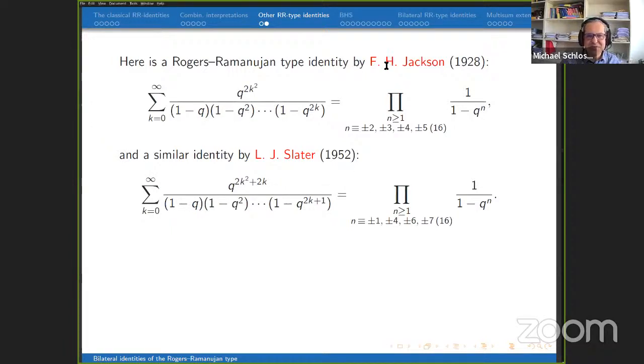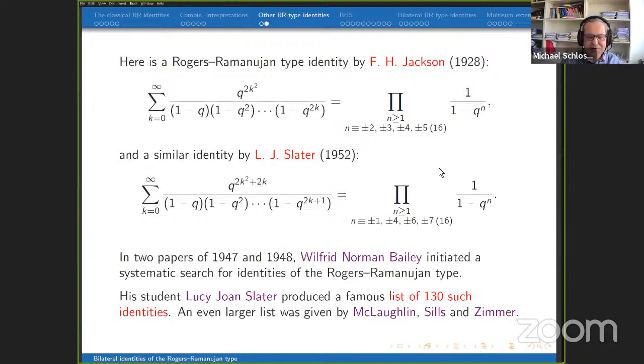So this first one is due to Jackson. The other one is due to Slater, who actually did a more systematic search for such identities. So the first one who searched for these other identities. The Göllnitz-Gordon identities were later, 1960 and 65, as I should mention.